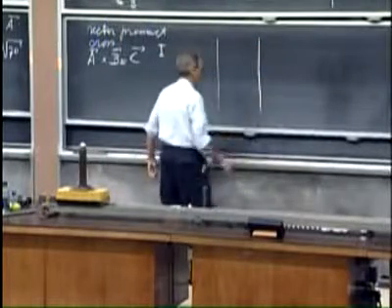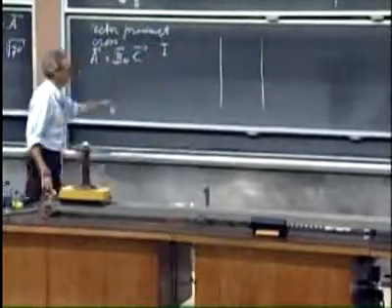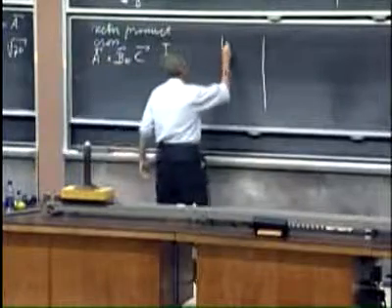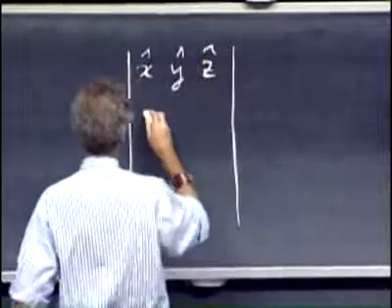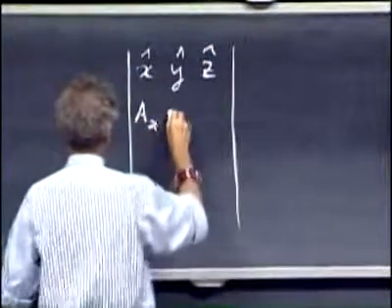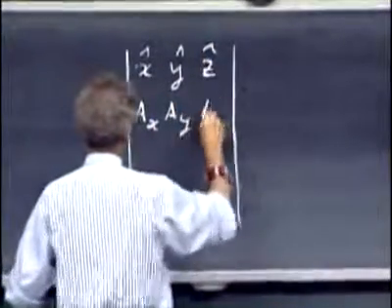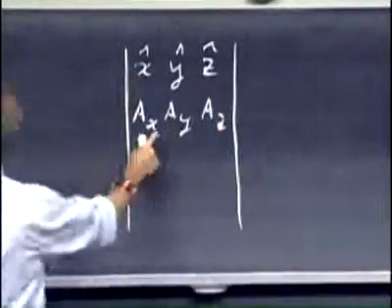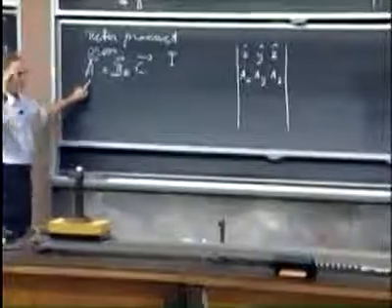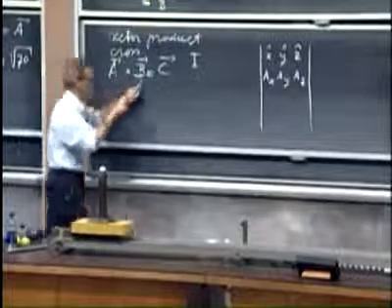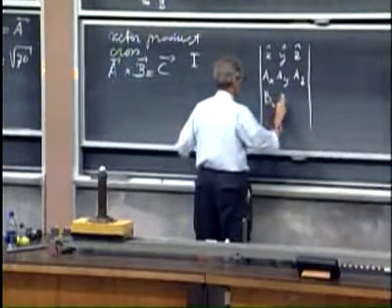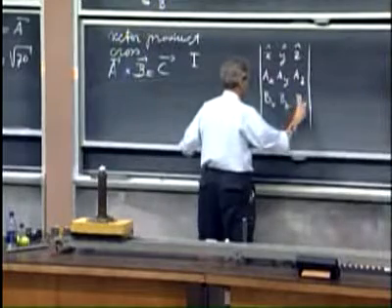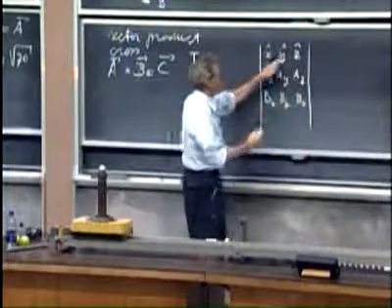You write down here a matrix with 3 rows. The first row is X roof, Y roof, Z roof. The second one is A of X, A of Y, A of Z. It's important, if A is first, that second row must be A. And the third row is then B: B of X, B of Y, B of Z. So these 6 are numbers, and these are the unit vectors.